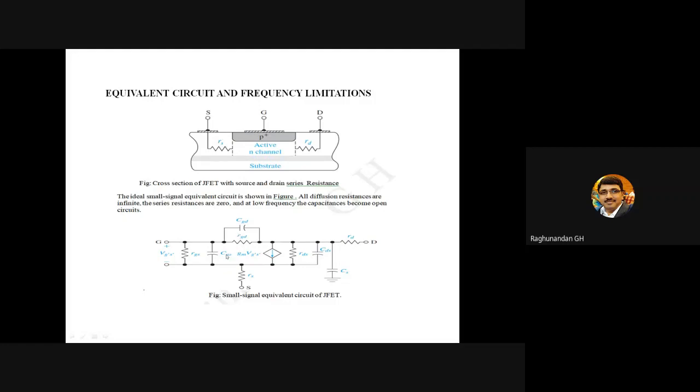That capacitor is gate to source capacitor. See, this is how you have to analyze how we got each individual component. Because of the presence of these two metallic plates, there exists a capacitance. So that is gate to source capacitance.